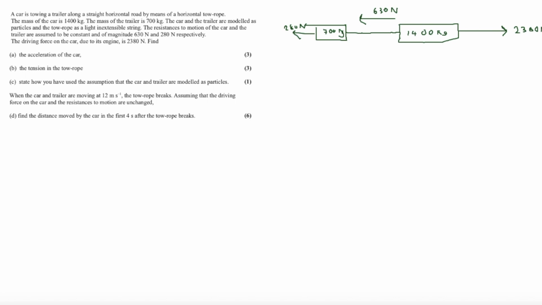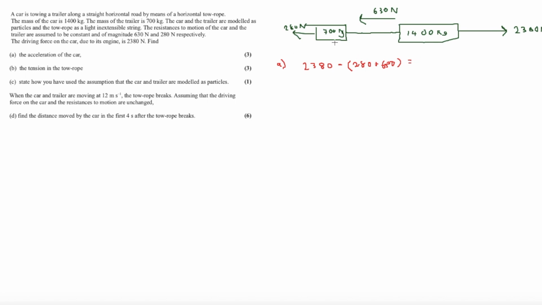Part A is asking us to find the acceleration of the car. For this one, we're going to treat it as a whole system, which means that we've got the driving force of 2,380 minus, and then we're going to add the resistances, so 280 plus 630, and that is equal to ma.